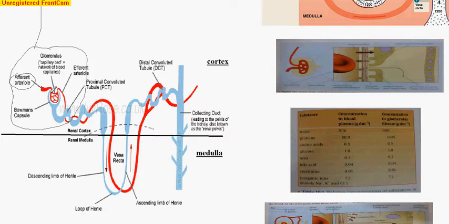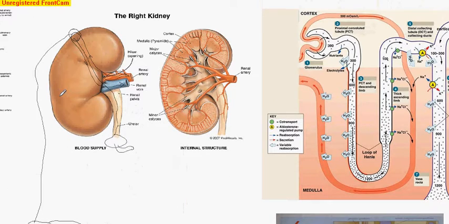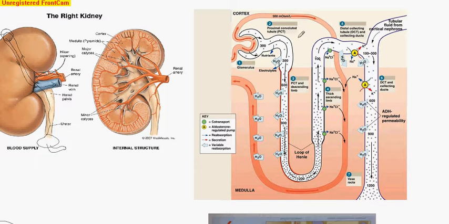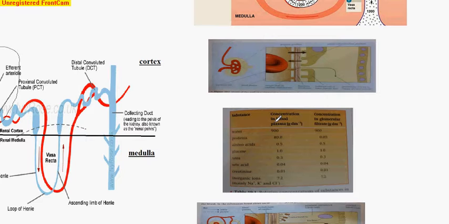So this place particularly is the region where these two systems meet, the circulatory system and the urinary system. So you shouldn't be confused. There are other things which will come back. This is the ultrafiltration, which we haven't reached yet. We are supposed to understand the blood movement first very clearly.